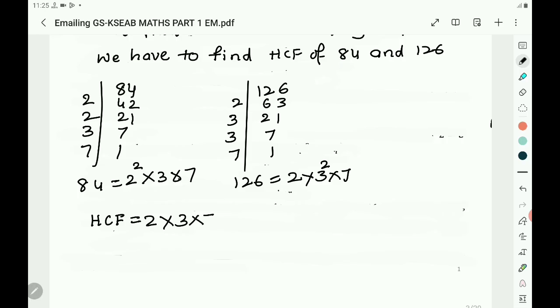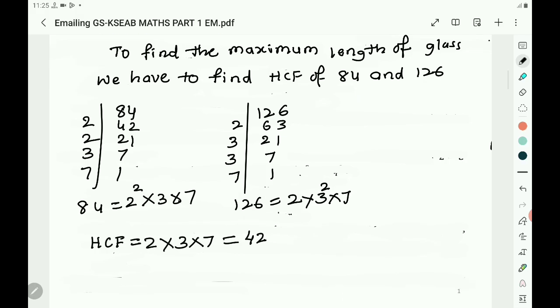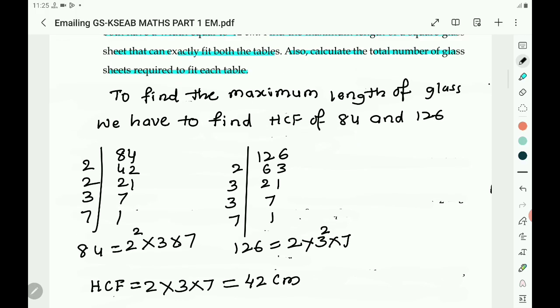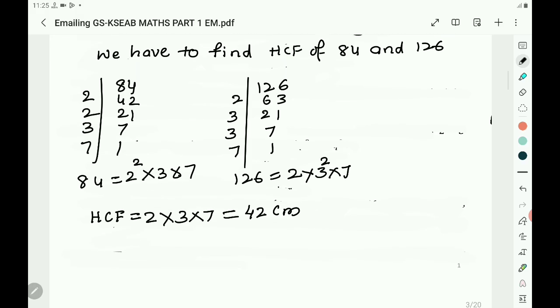So 2 into 3 into 7. 2 3s are 6, 6 7s are 42. 42 centimeter. Here they are in centimeter. And the width is 42 centimeter, and the length of the square is 42 centimeter. Then you will get the square shape, 42 width, 42 length.